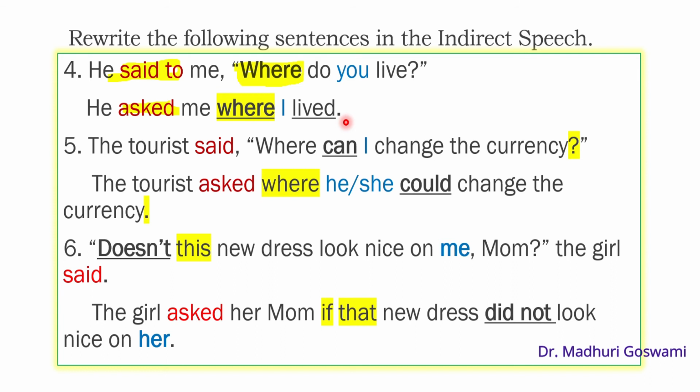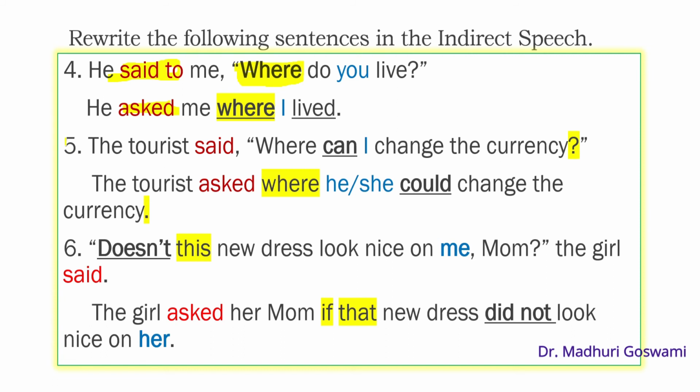This present simple tense, where do you live, it becomes past simple tense. So it becomes I lived. And of course the removal of the question mark, क्योंकि अब यह एक question की form में नहीं है, अब यह एक statement है, एक declarative sentence है. That's why we use the full stop in place of the question mark.